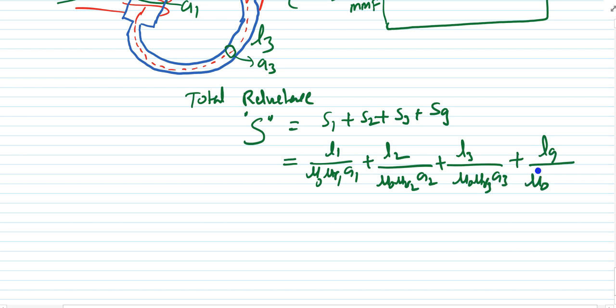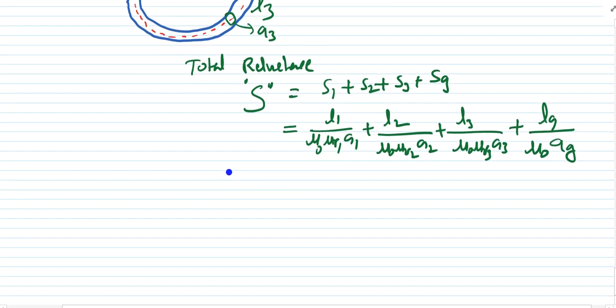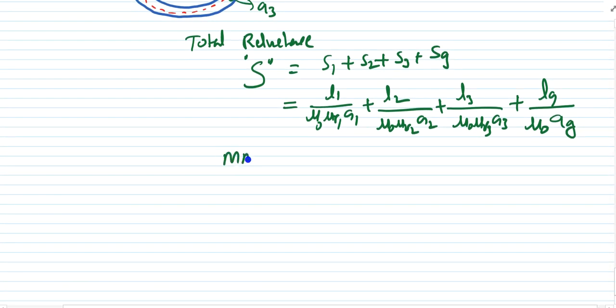For air it is 1, so I'm not going to show that one, and the area is Ac. This is the total reluctance. And if you want to find the mmf, it is nothing but the flux phi into the total reluctance, isn't it?